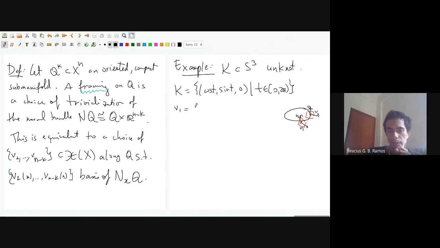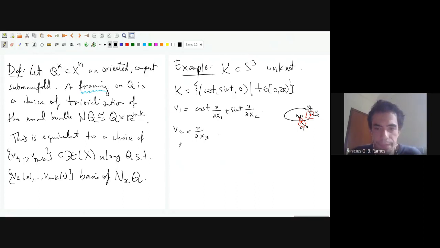So V1 is going to be cosine of t d/dx1 plus sine of t d/dx2, and V2 is going to be d/dx3. Okay, so this, V1, V2, is the trivial framing on K.